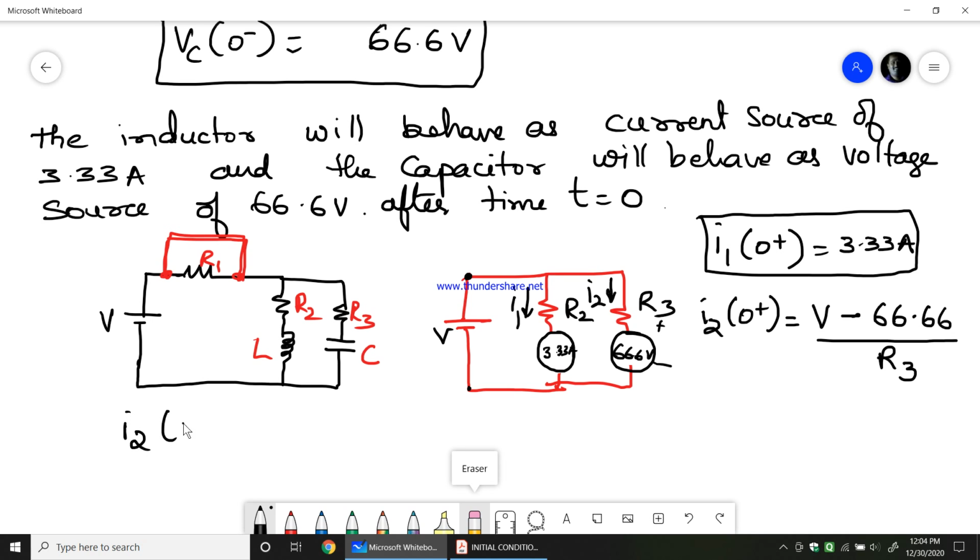So therefore I2 of 0 plus would be equal to the total voltage given in the question, which is 100 volts, minus 66.6 divided by R3. Let me see what is the value given in the question for R3.